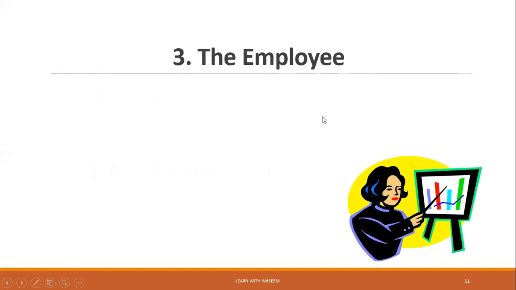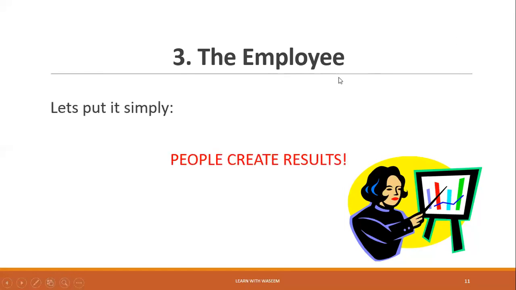The third one is the employee. Okay, without employee, you can't run a process. You can't run even an automated machine. So let's put it simply: people create results.